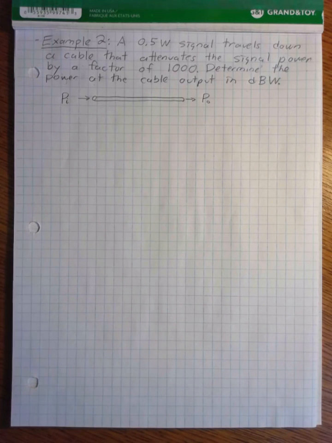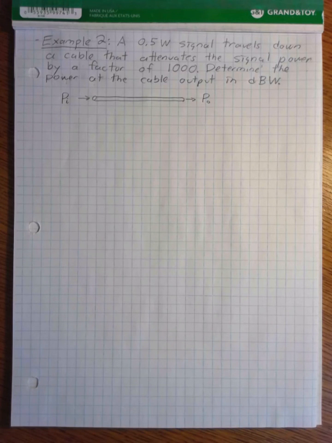And just incidentally, having a cable attenuate your output power by a factor of 1,000 is really, really mild attenuation. It's not uncommon for the power gain attenuation of a communications channel to be on the order of 100 dB, which if you convert that back to linear, you'll find is 10 billion.